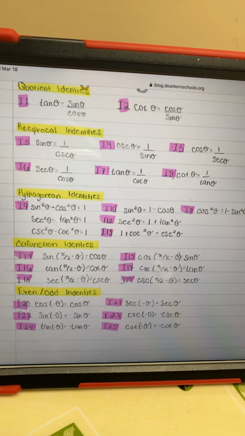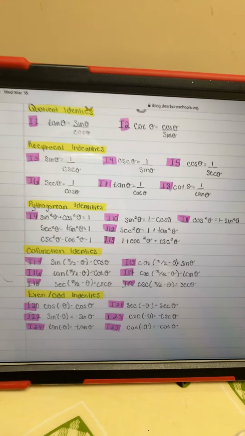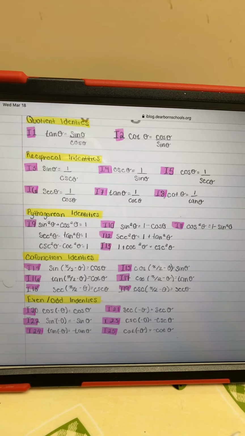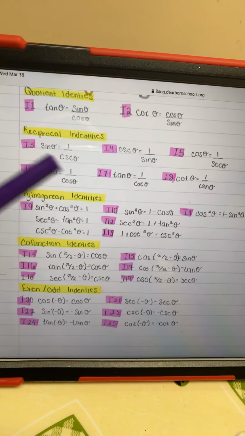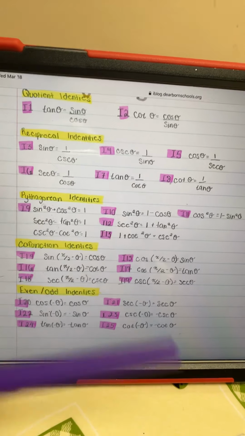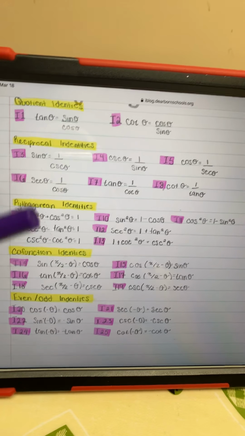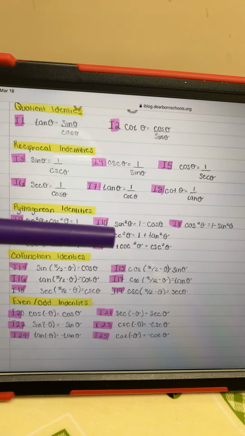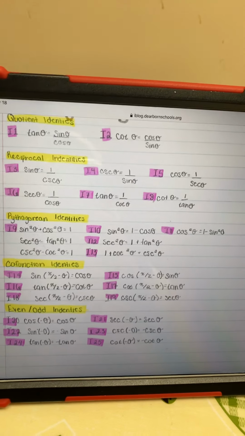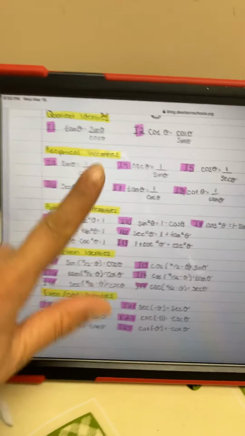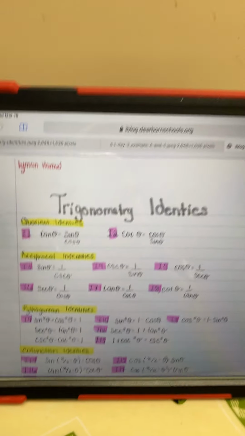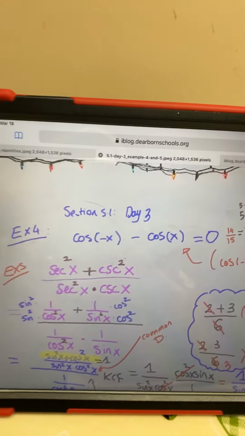You can basically copy it down if you want. You can rearrange it, but as long as you keep the same numbers, because when I say, again, in all videos, and even if we were in class, I'm going to say I'm using identity 12, right away you guys should know that it's secant squared equals 1 plus tan squared. So this is my suggestion. We'll go back and forth to this as needed.